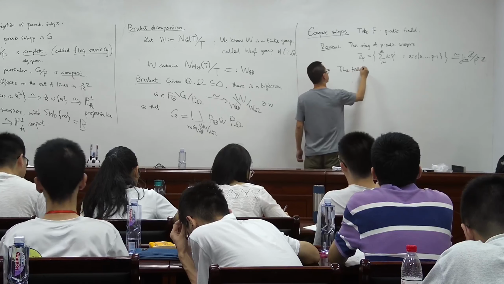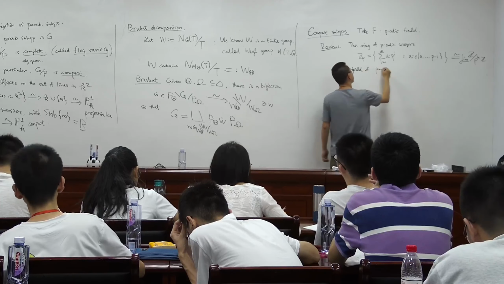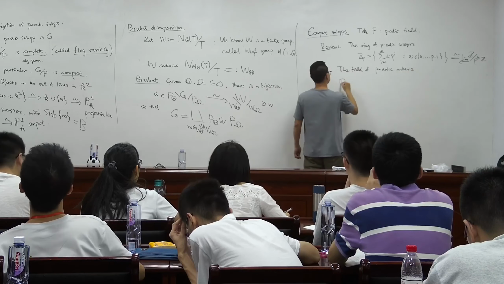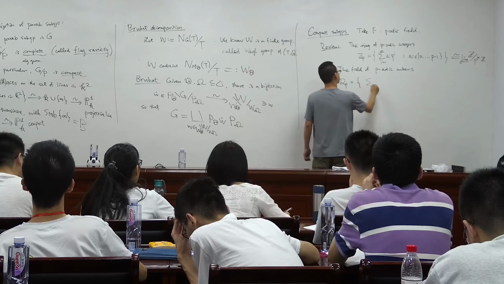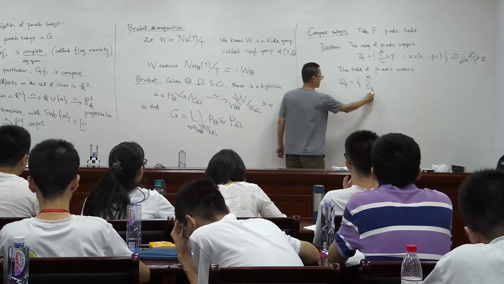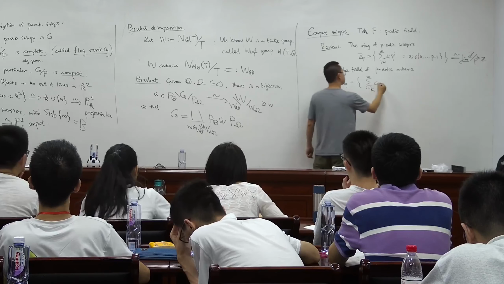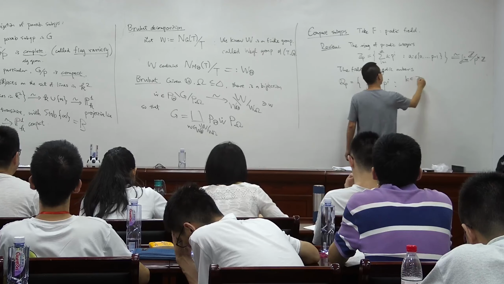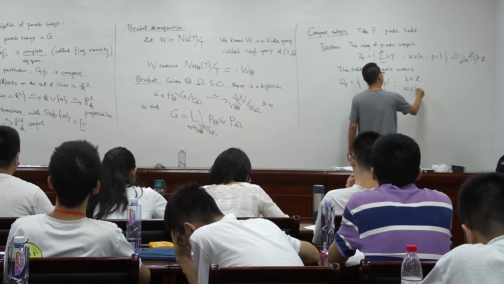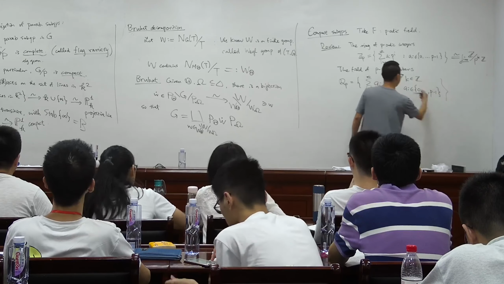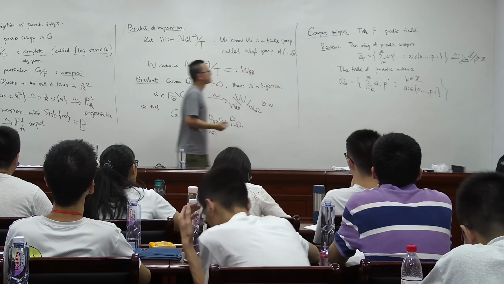And the field of p-adic numbers Q_p is the field of formal Laurent series in p. So it starts from somewhere at k, and this k can be any integer. And again, the coefficients are in the set 0 to p minus 1.